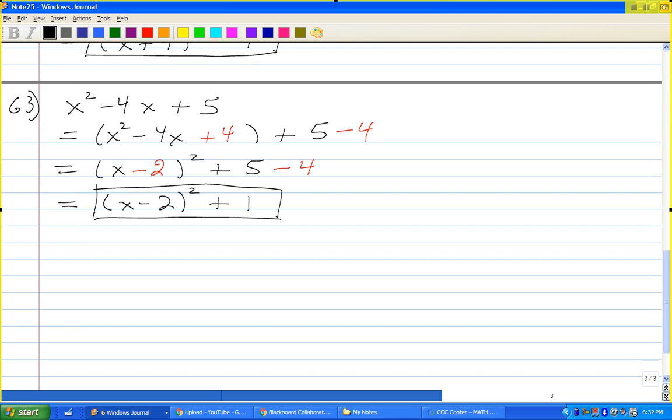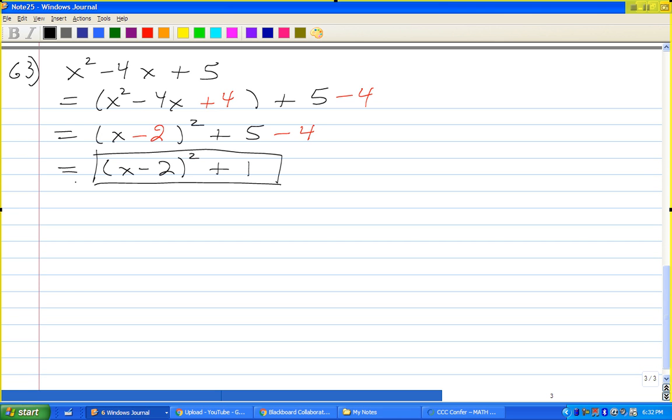Do problem number 65. y squared plus 2y minus 10. So this is equal to y squared plus 2y minus 10.